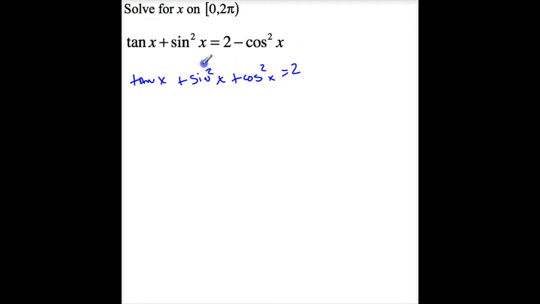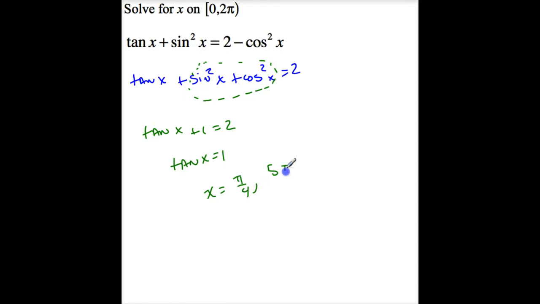Now this is looking promising because what do I know sine squared plus cosine squared is? Well, it's 1. So tangent of x plus 1 is equal to 2. So tangent of x equals 1. All right, so on 0 to 2 pi, this is true when x is pi over 4 and 5 pi over 4.